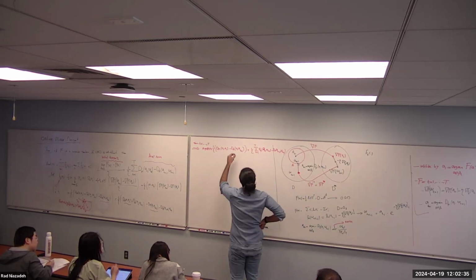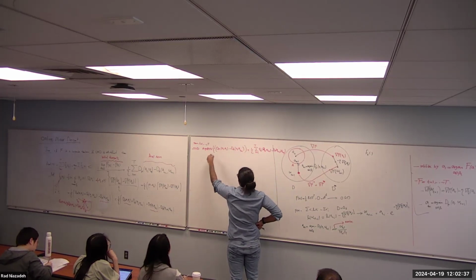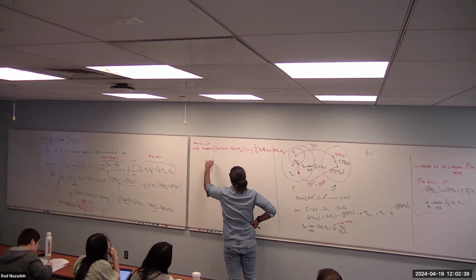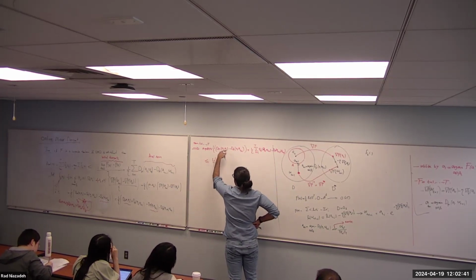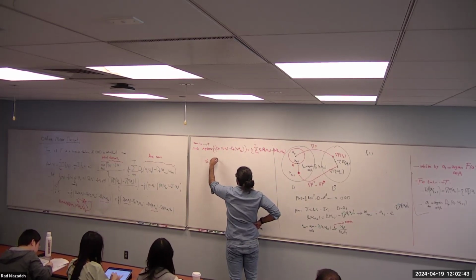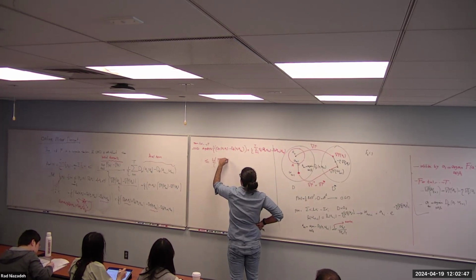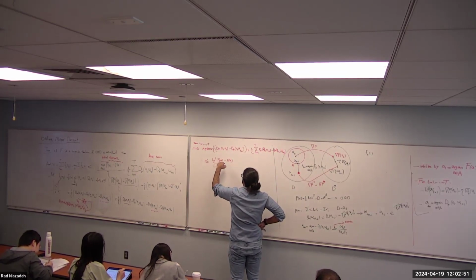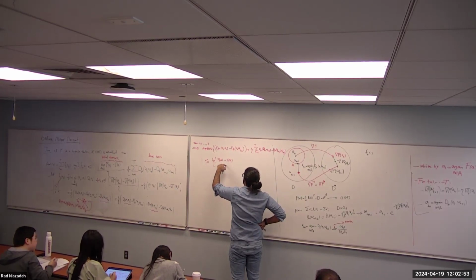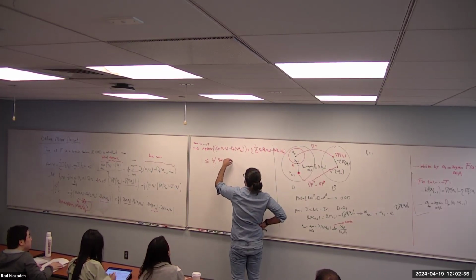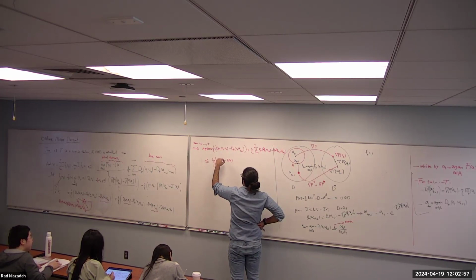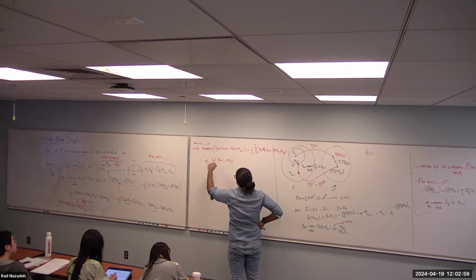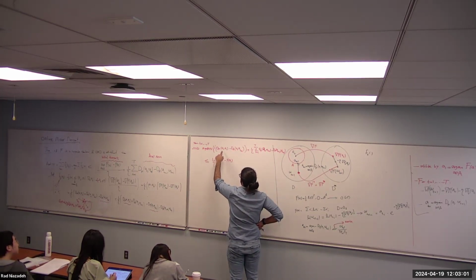What about this term? I'm going to say this is at most 1 over eta times, what is the D_f(a, a_1)? So it is f(a) minus f(a_1), minus a_1 times gradient at a_1.